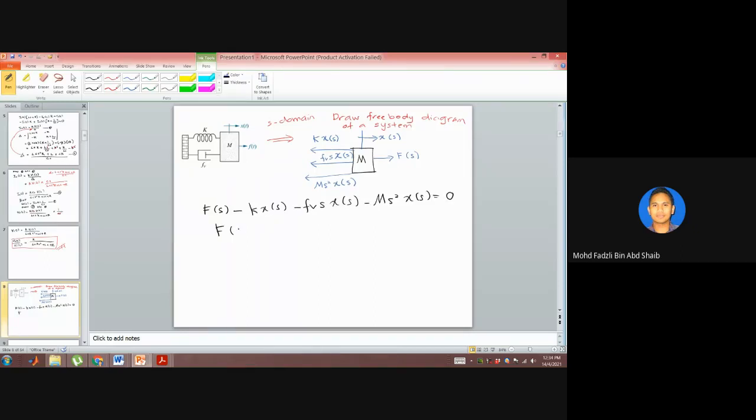So FS equals XS times M S squared plus FV S plus K.